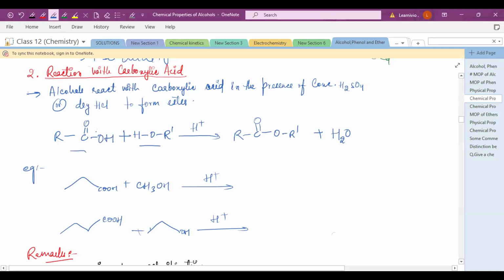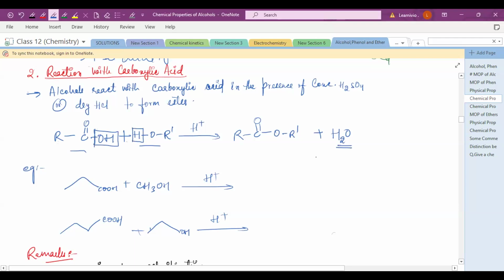What you are supposed to do: the OH group, the hydroxyl group from the carboxylic acid, and the H from the alcohol have to be removed. These two combine and form water.